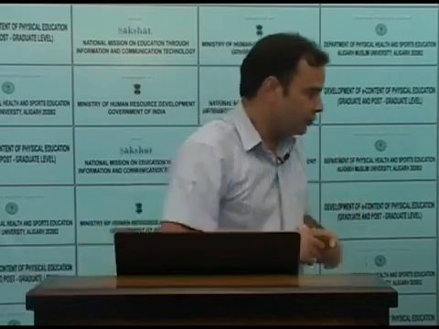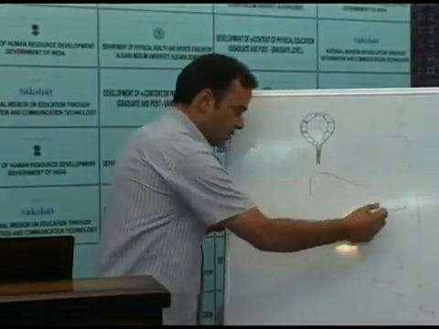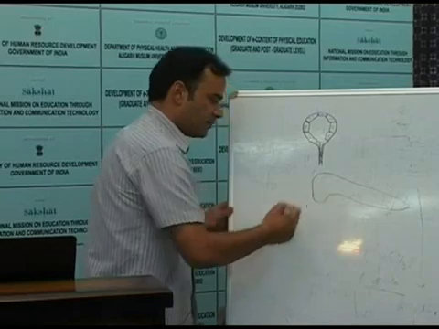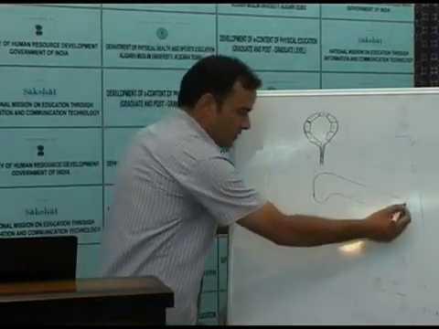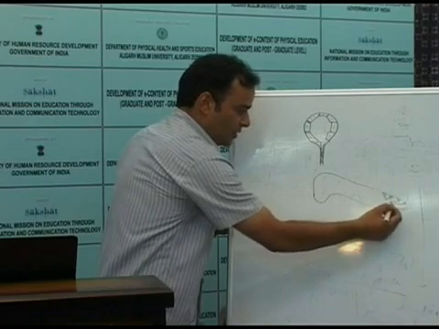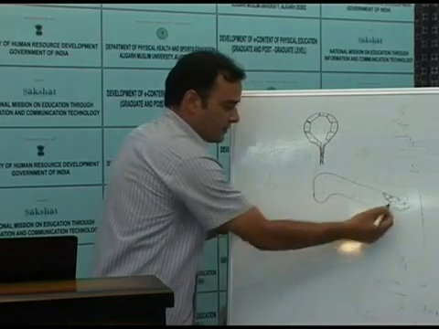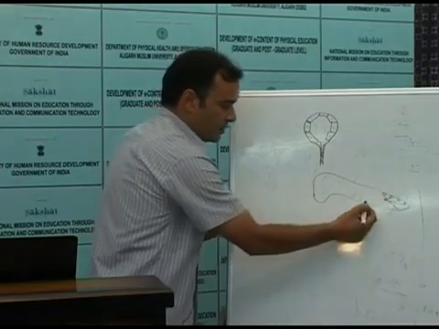Here I would like to show you that this is the shape of pancreas, and it has many acinus. These acinus have small ducts. These ducts join to form intralobar duct.